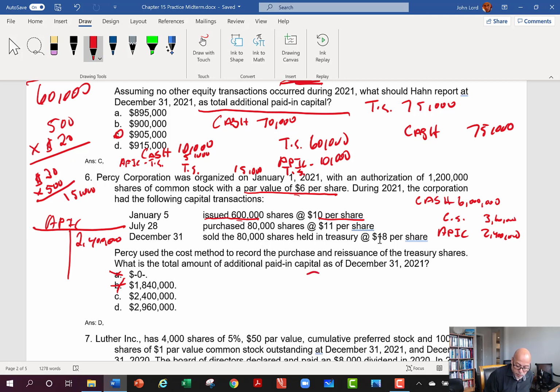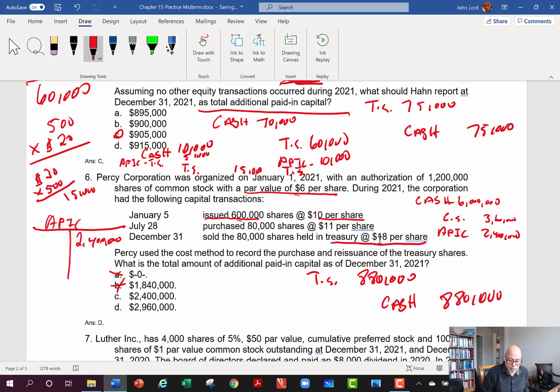So I know I'm going to debit treasury stock 880,000, and credit cash 880,000.